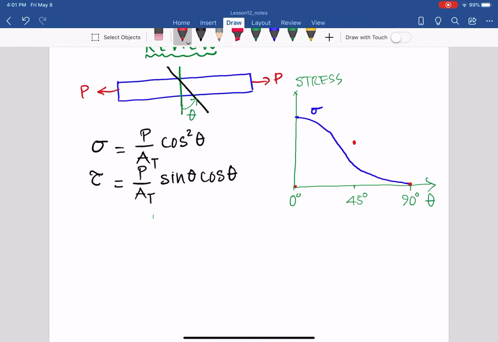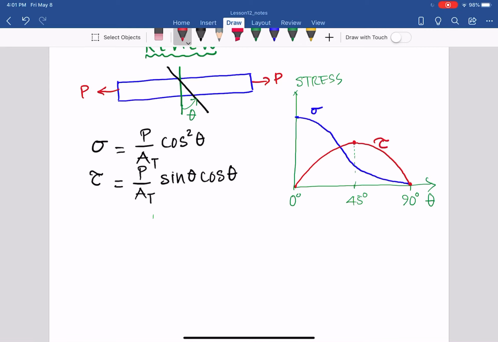But tau is half, because at 45 degrees you have sine 45, cosine 45, which equals 1/2. That's why the tau max is 1/2. So from that, we can draw a sine curve. Sine curve here, getting the maximum at 45 degrees and going down again to 90 degrees. So that's what we have for tau. The red one is tau, and you can see that.